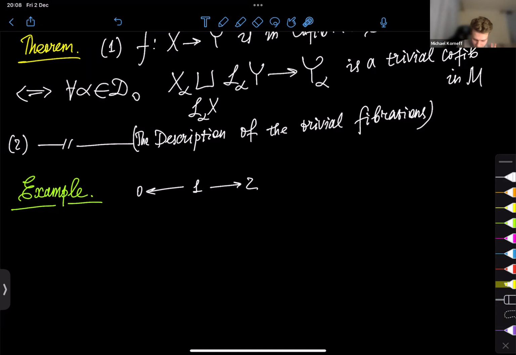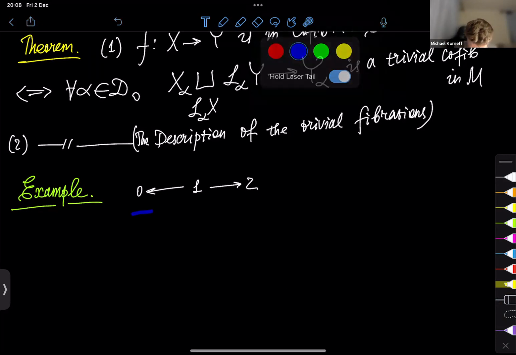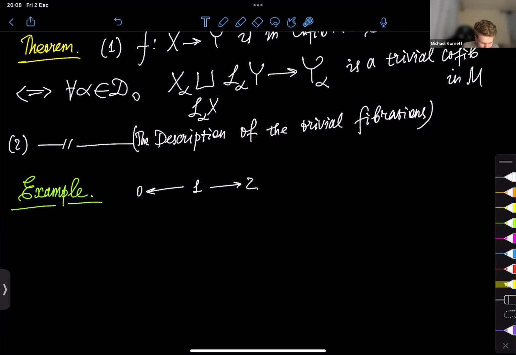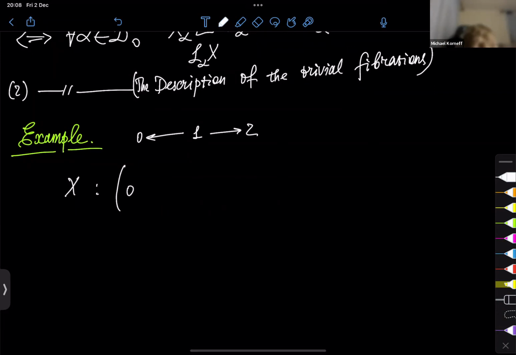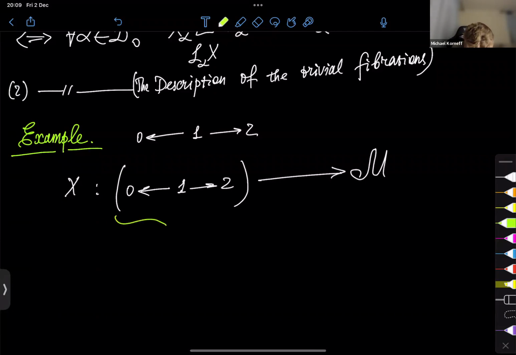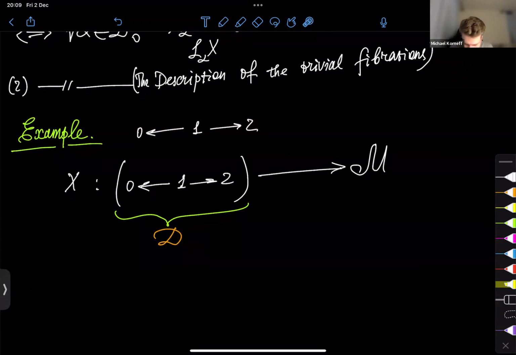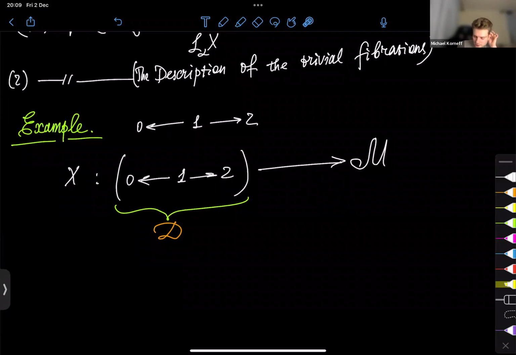Okay, and if we have the following category with these weights, then I consider some diagram from this category to some model category M. So in this case, the Reedy category is the following. Okay, and what are the latching and matching objects of this diagram?